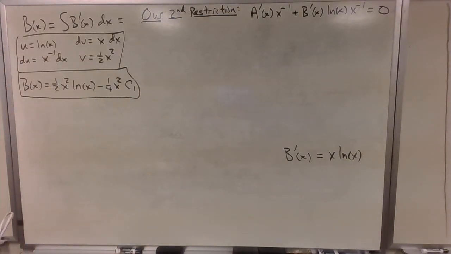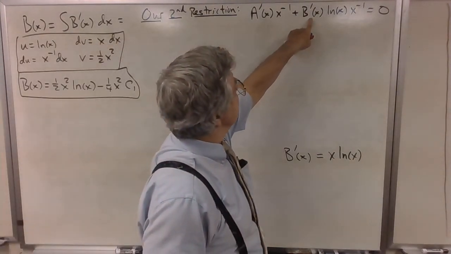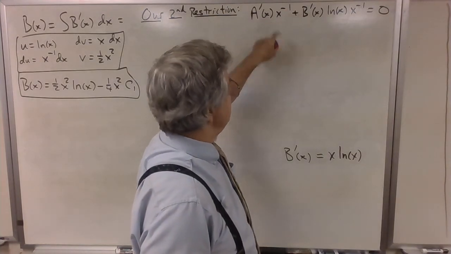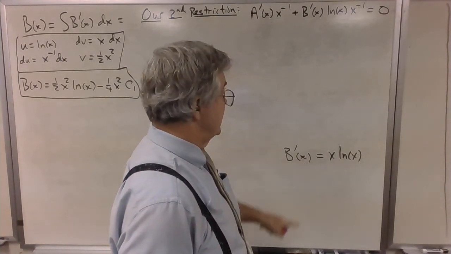Let me make sure I wrote that down right. Okay. We can use this restriction to find a prime because we know what b prime is.